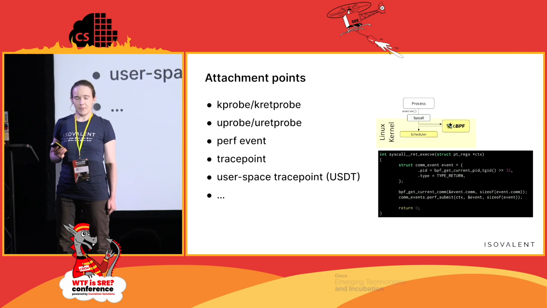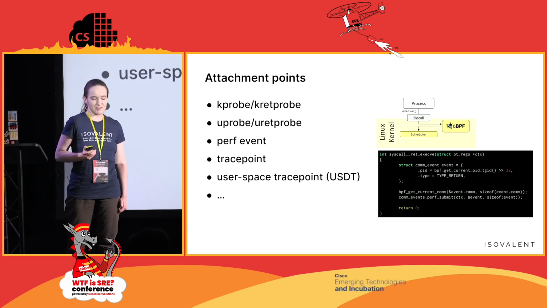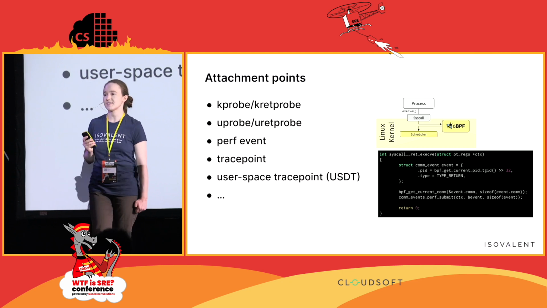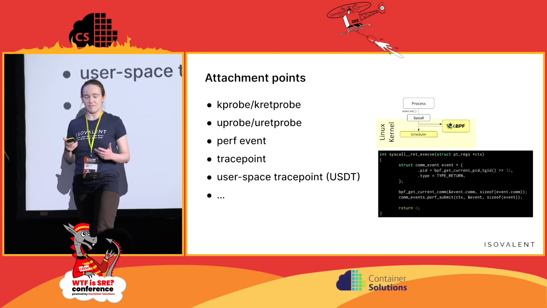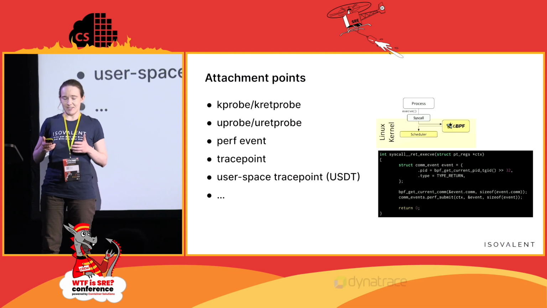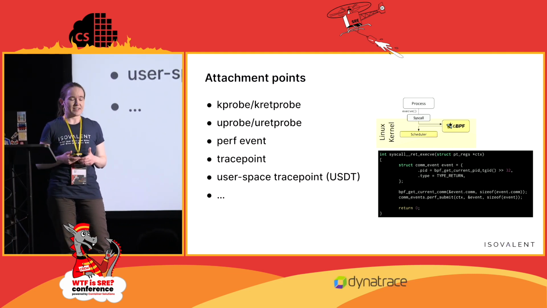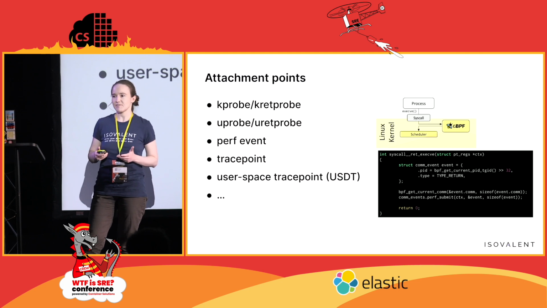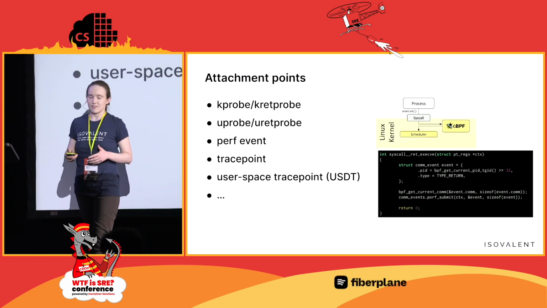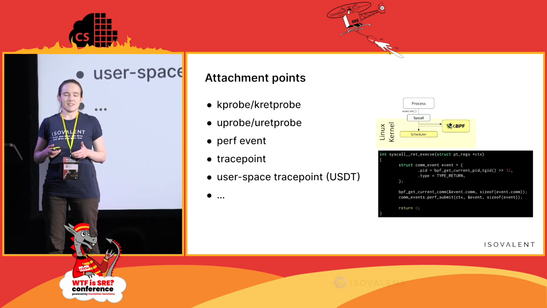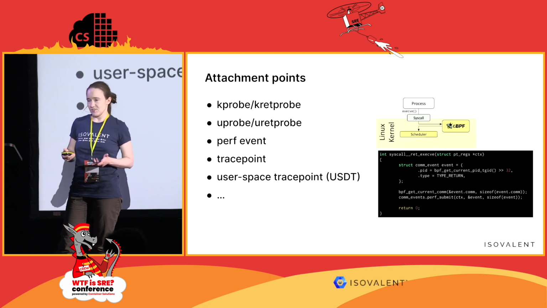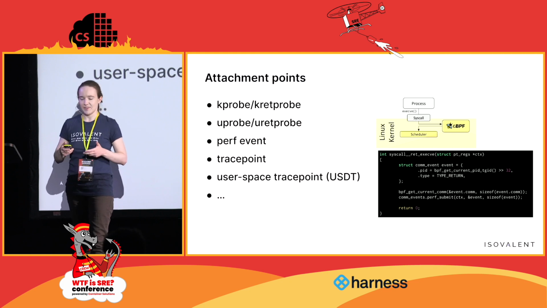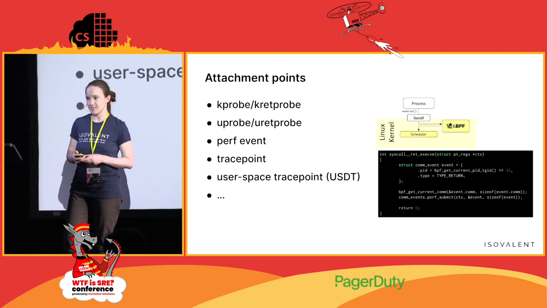There are perf events. Perf events are very interesting for observability. Perf is a profiler, a tool built into the Linux kernel that collects monitoring system information. It's often used by Linux administrators to observe what is going on at the system level in the operating system.